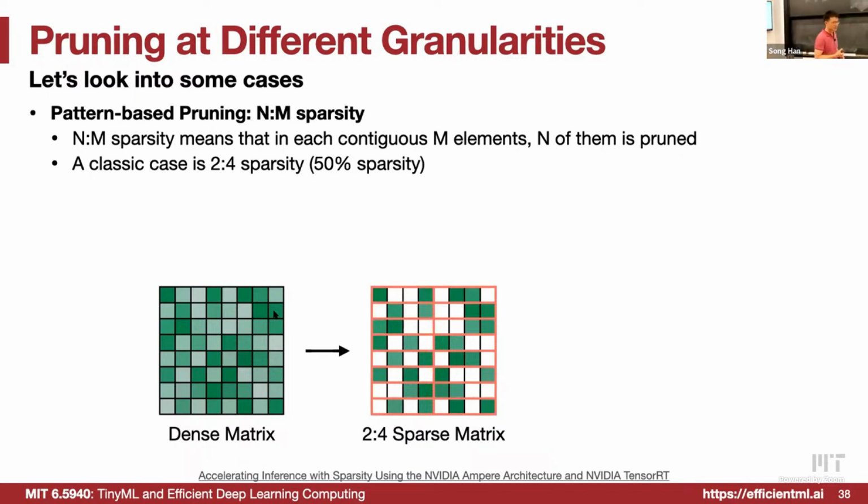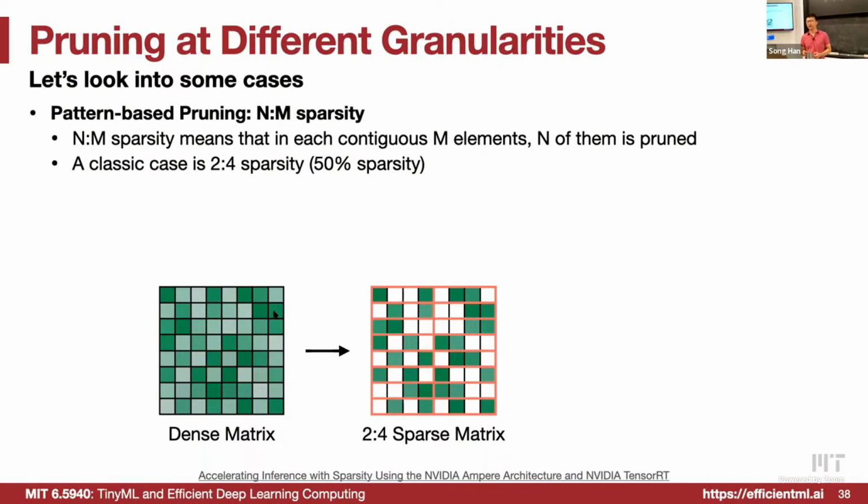So I'll give you a minute to take a look at the pattern. Can anyone tell me what is the pattern here on the right-hand side, the matrix? So what pattern do we see on the 2 to 4 sparse matrix? Right, every row has missing values.